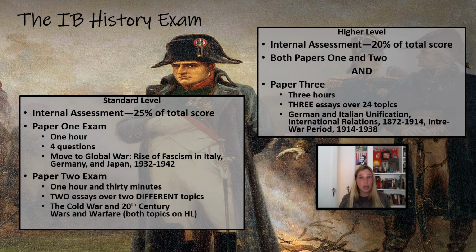So those topics are, again, German and Italian unification. Then we look at international relations between 1872 and 1914, and then we look at the interwar period between 1914 and 1938. So this is a summary of really what we're going to study over the next 2 years.